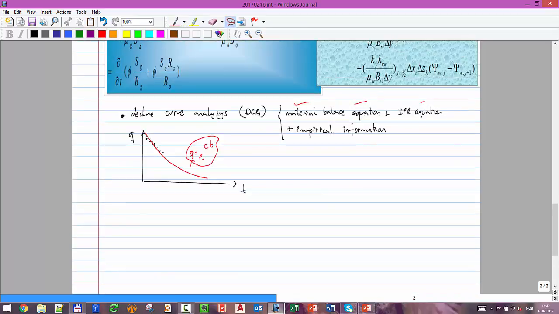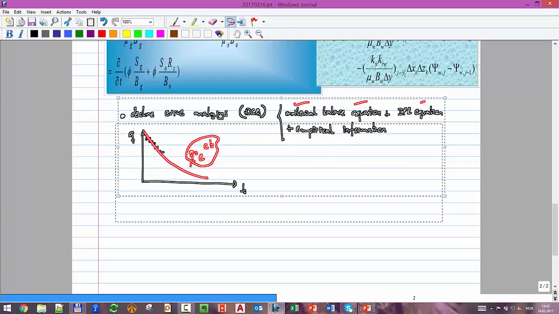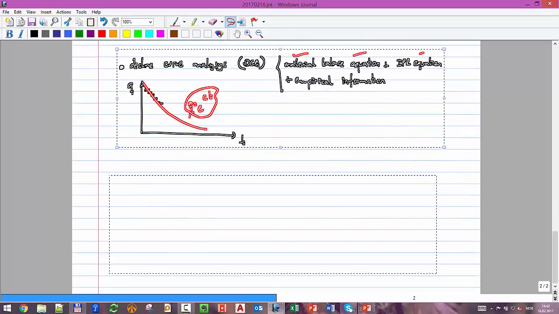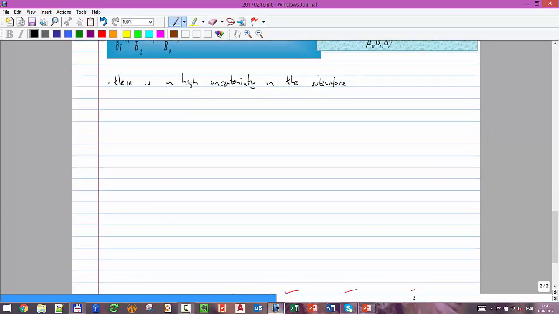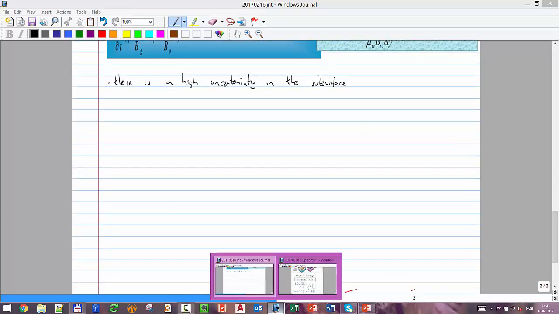Okay. So let me put here something that I think was missing. On the reservoir simulator there is a high uncertainty in the reservoir, in the subsurface in general. Let me pull up a picture, it's nice to have a picture.